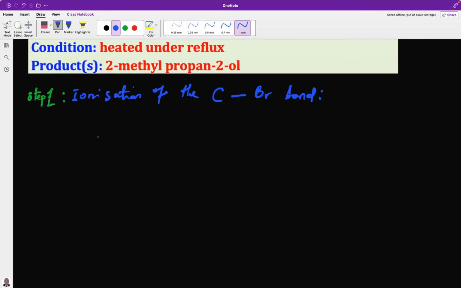This is the structure. Let me just draw it, and you see how it goes.